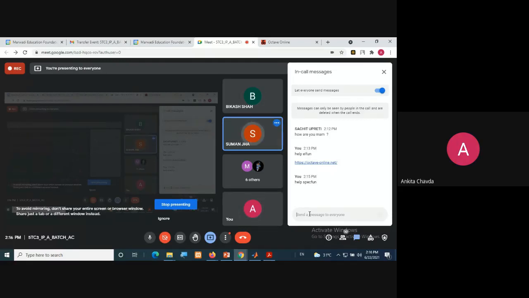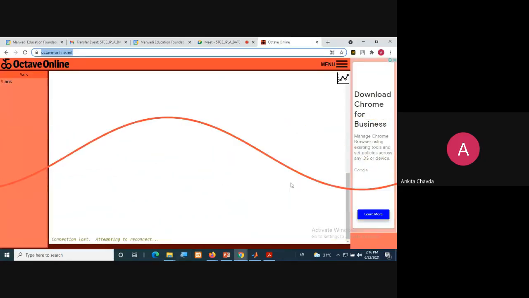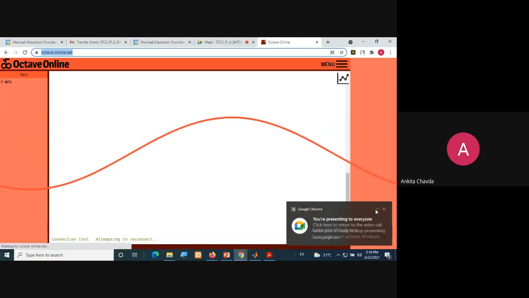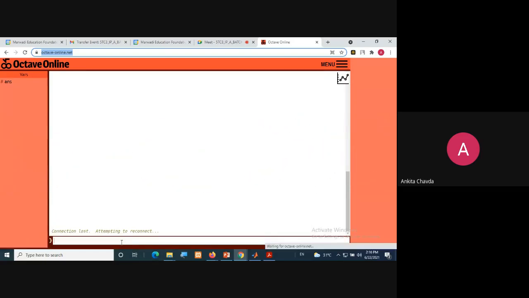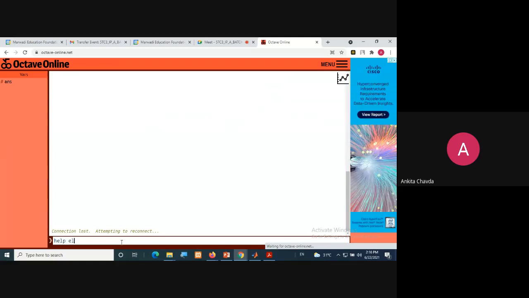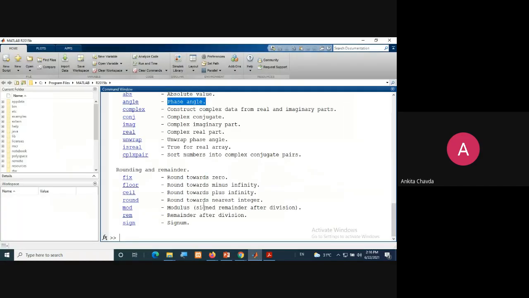In Octave it may also work. Let me check, because I'm using MATLAB, so I don't know much about this. Let me try. It is showing not found. Okay, no problem, I'm showing you here only.